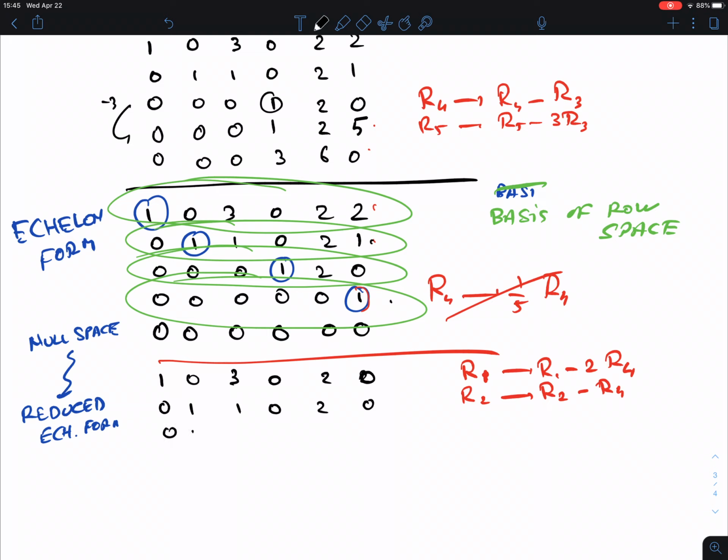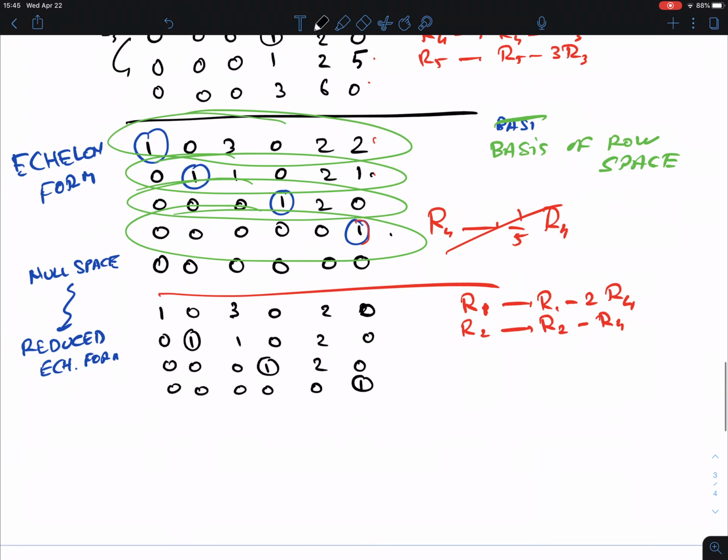And then I have 0, 0, 0, 1, 2, 0, 0, 0, 0, 0, 0, 1. And again, it's actually so nice that you're already done here because those pivots already have zeros on top of them. Of course, in general, it could be that you have to do more, and probably I'll give you a matrix where you have to do a little bit more than that. I'm not copying the 0 row anymore because it plays no role anymore.